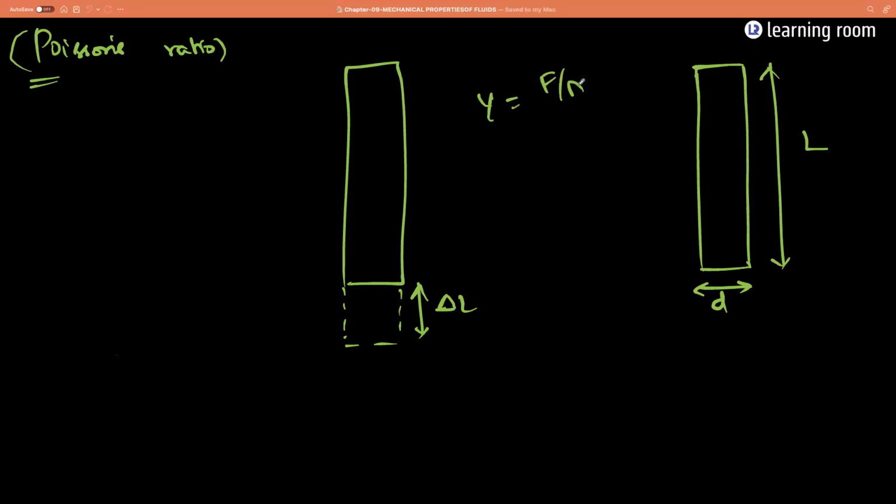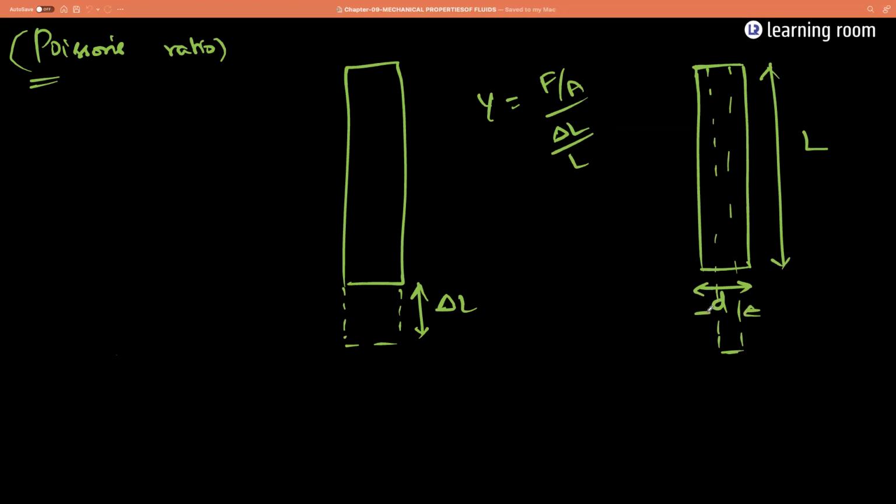As F divided by A divided by delta L by L. So here, if you observe one important point, we need to understand that you're using the same amount of material. So that material is only getting elongated. Then what else is the other parameter supposed to change? When the length is increasing, actually the diameter should decrease. Means if I draw the diagram, it should look something like this.